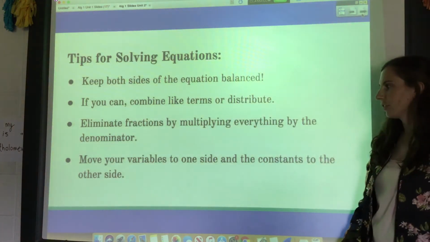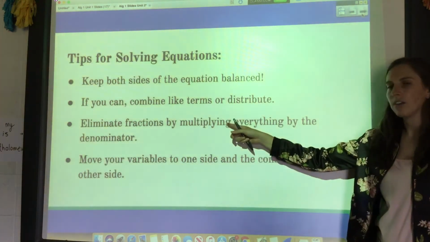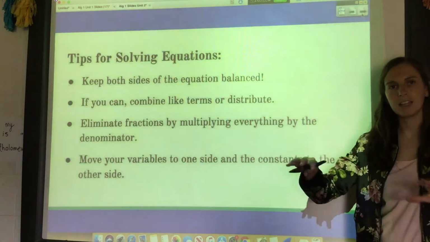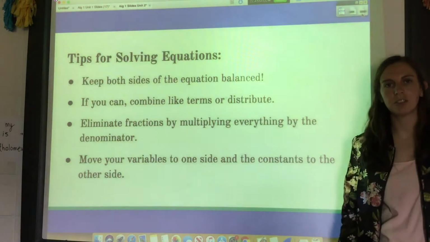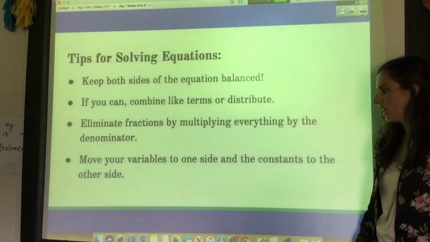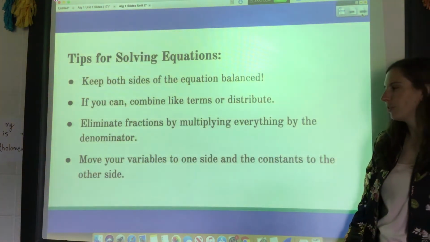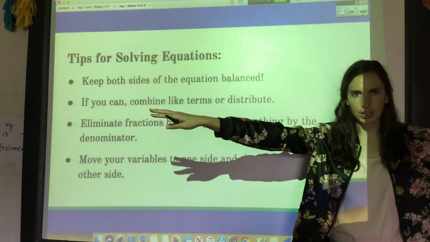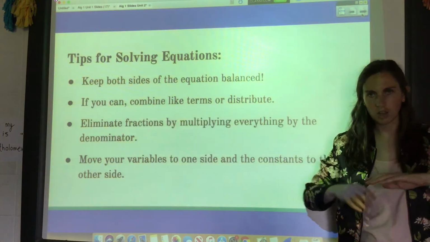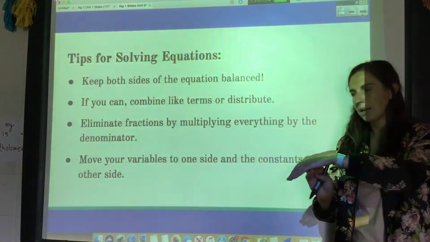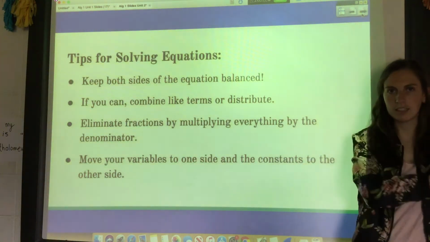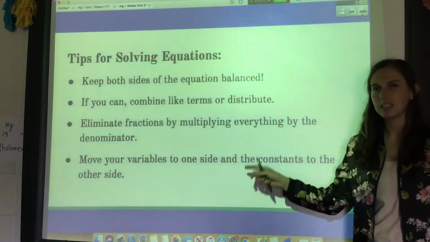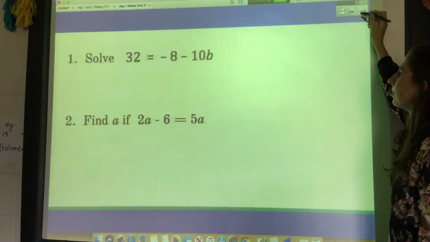To eliminate fractions, it's often helpful to multiply both sides by the denominator of the fraction so that you don't have a fraction anymore. And if you ever have multiple variables, like an x over here and an x over here, you can only have one x to solve for it, so move everything to the same side, get the constants to the other side, and you'll see some examples of this in a second.